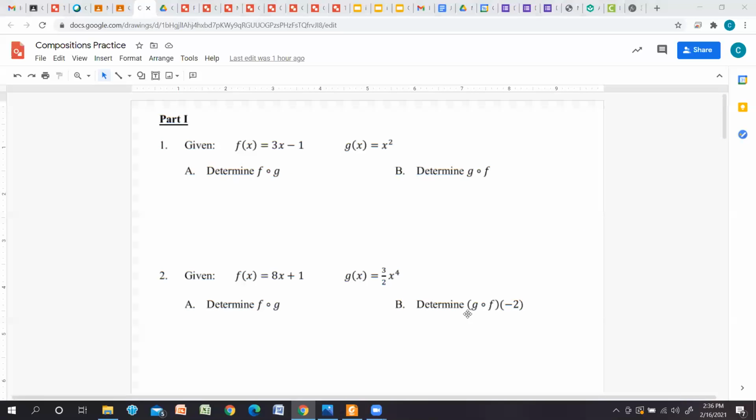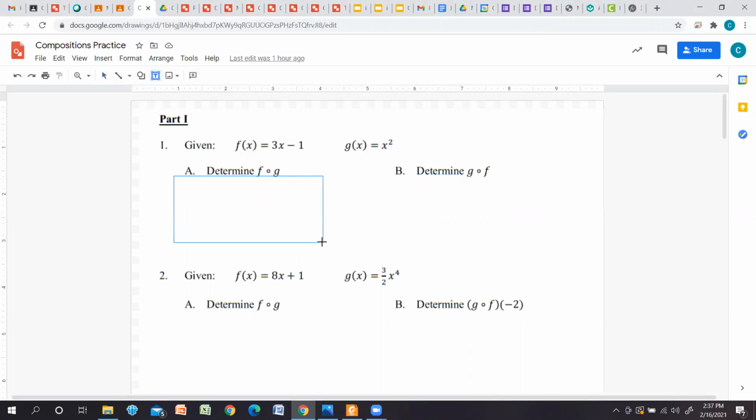They're both compositions. So the input for f has to be the output for g. The output for g is x squared, and the input for f of x is x. So we're going to have to replace x here with x squared, the other function.